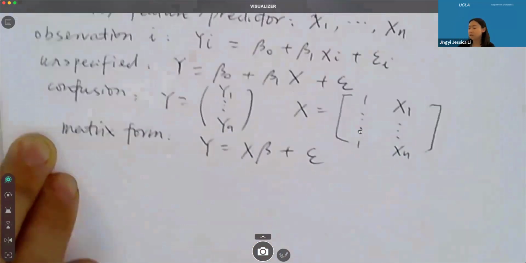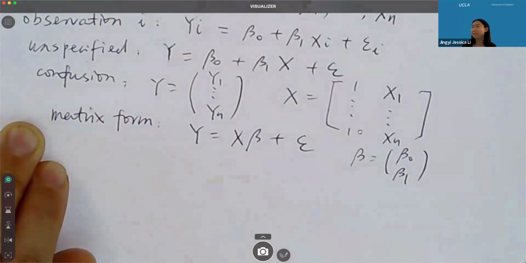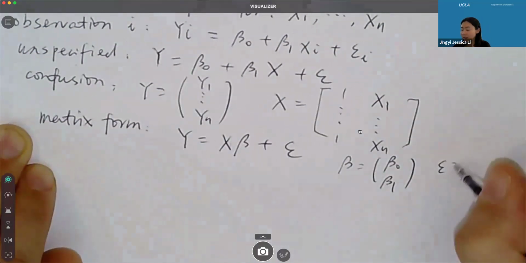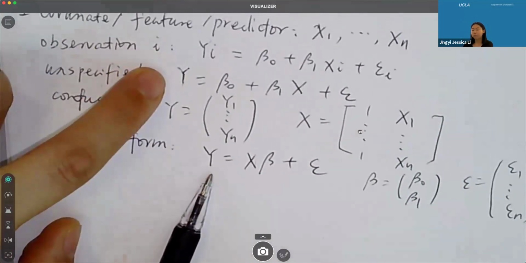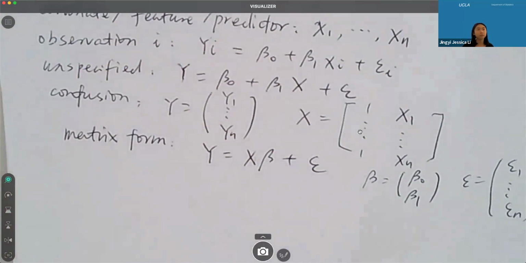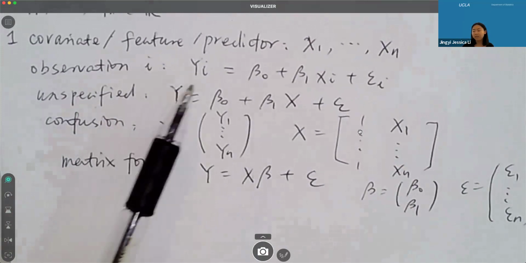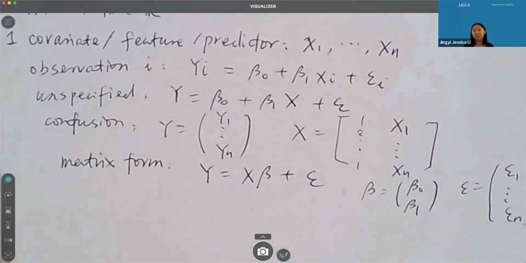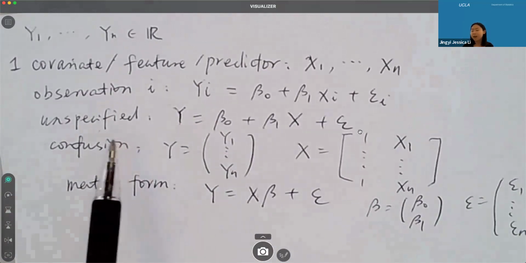But in this case, beta is also a vector, including beta 0 and beta 1, and epsilon is a vector with epsilon 1 to epsilon m. That's why in these two forms you both have y and x without the index, and you may confuse yourself. So the suggestion is that if you're not writing the matrix form, if you're writing a model for one observation, try to keep the index. That's my suggestion. Otherwise, you should define it very carefully.